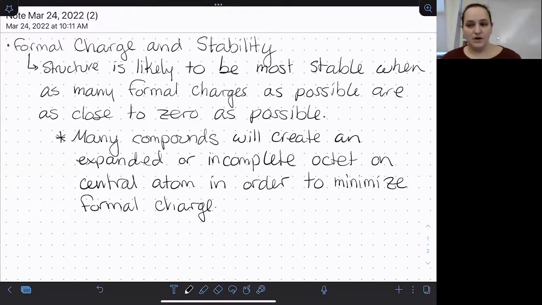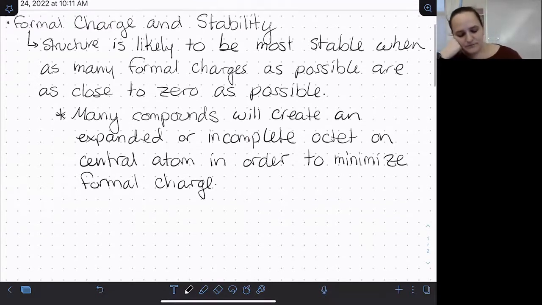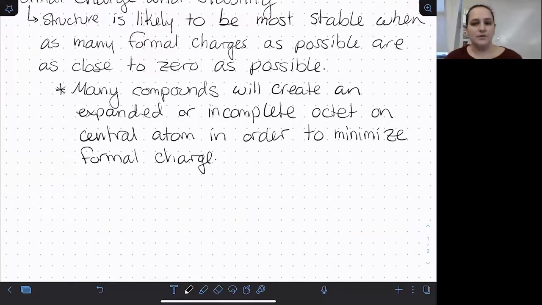Sometimes you can't get rid of them all. There are absolutely instances where you need non-zero formal charges. If your formula is charged, you need some non-zero formal charges in there. And even for neutrally charged molecules, sometimes it's just not possible to get rid of them all, and that's fine. But you do the best that you can. So usually we want as many as close to zero as possible.